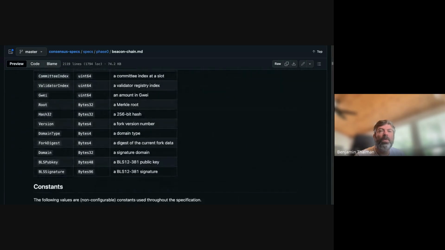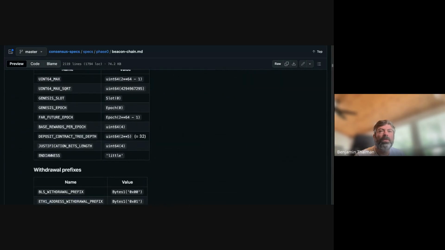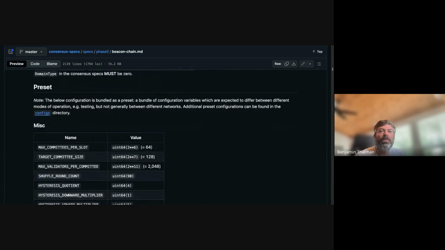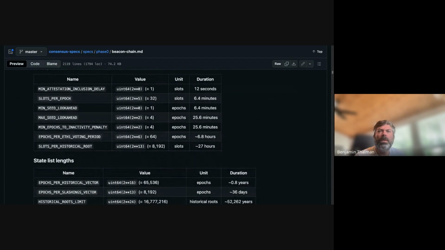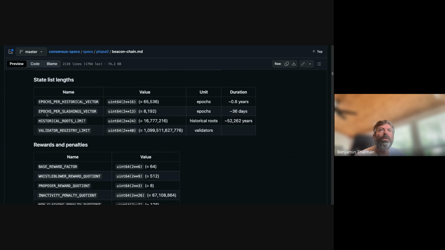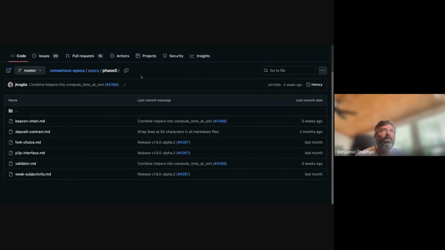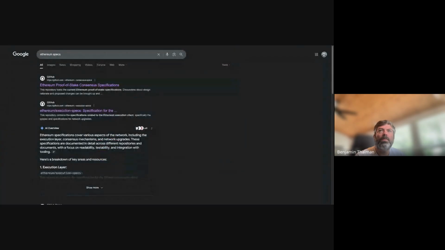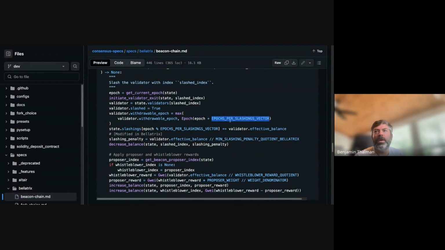It's either 8,192 epochs or 8,196. I always mess those up. Here it is. Oh, no, wait. That's slots, not epochs. Here it is. Epochs per slashing vector, 8,192, or 36 days. So that is, remember, epochs per slashings vector. Let's just go back to where we were.